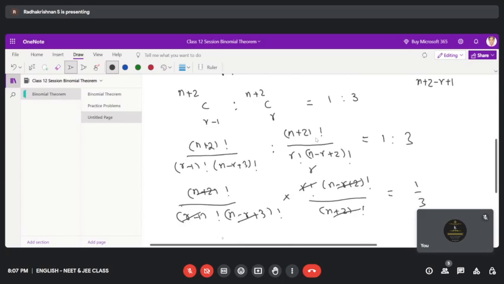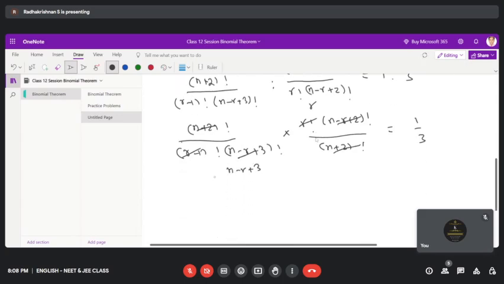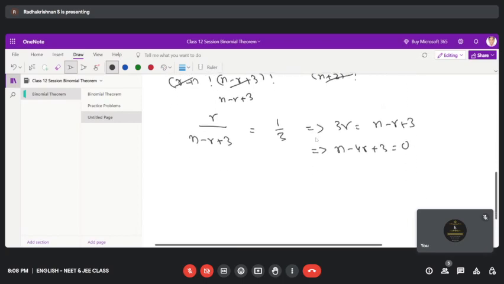These two go and you get n minus r plus 3. This is actually not very difficult. r by n minus r plus 3 equal to 1 by 3. That means 3r equal to n minus r plus 3, that is n minus 4r plus 3 equal to 0, or n minus 4r equal to minus 3. This is your equation number 1.